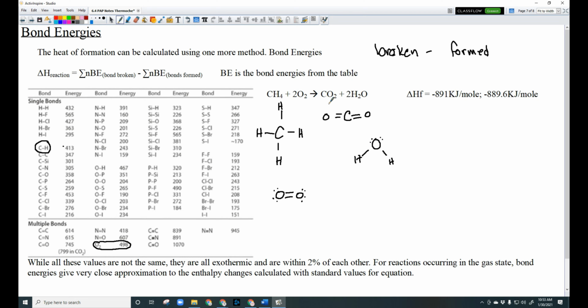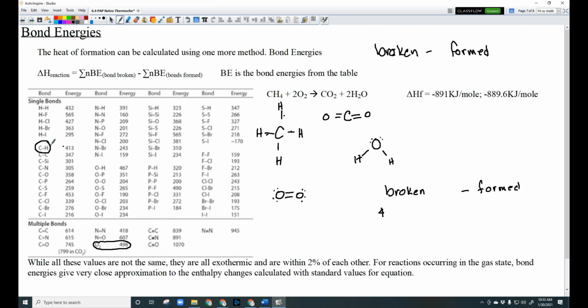Okay, so I need to look at all of these and I need to do broken minus formed. Now remember, it's moles of broken minus moles of formed. Here I have 1, 2, 3, 4 moles of the carbon hydrogen bonds.